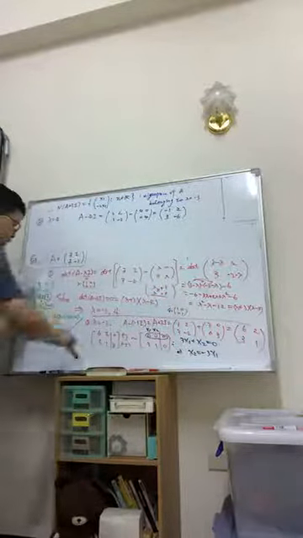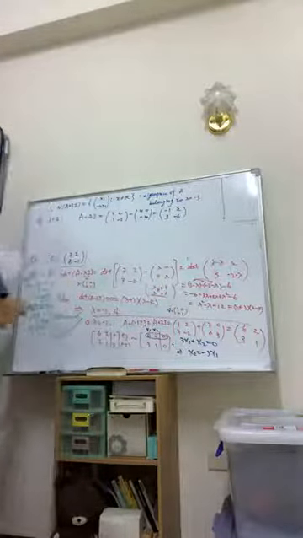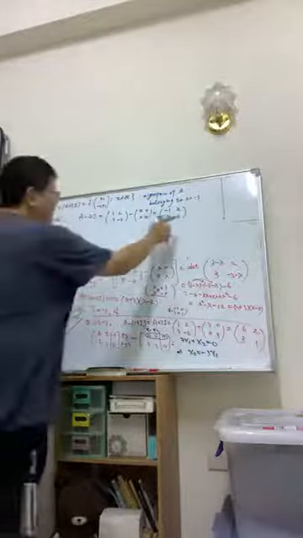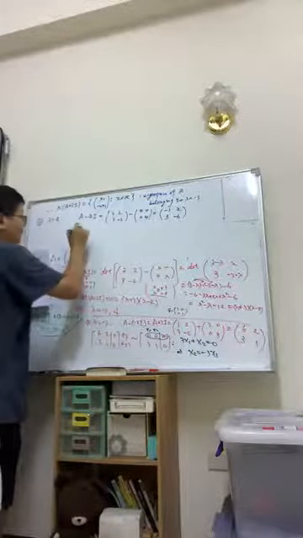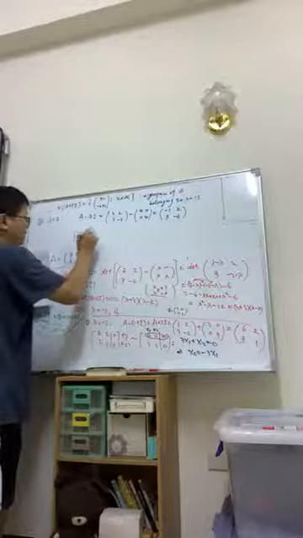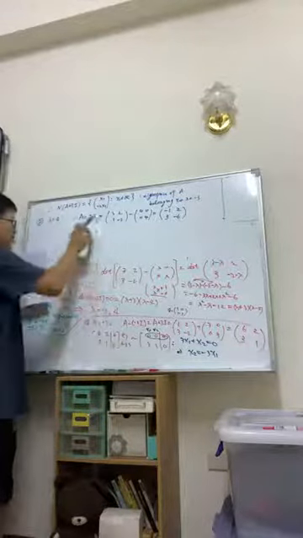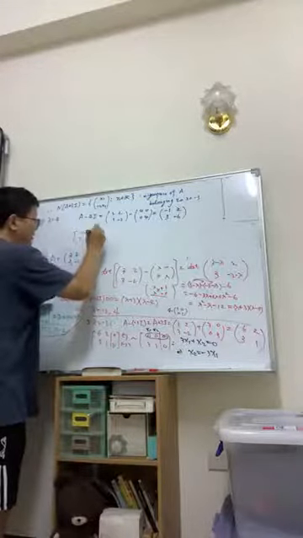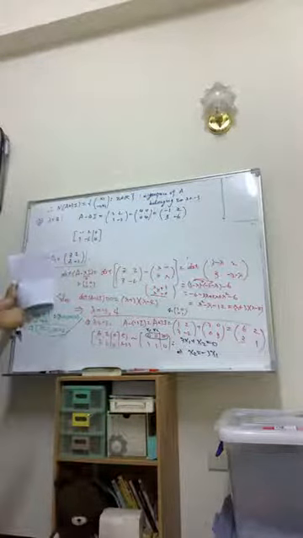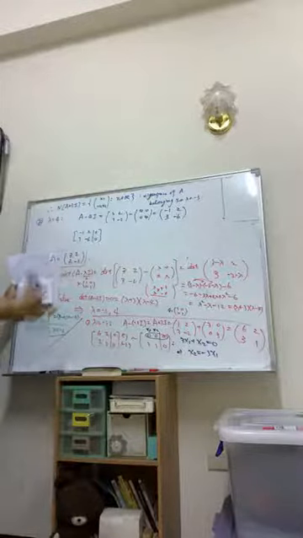Now, similarly, we want to find this matrix's null space. It means that we want to find the solution set of negative 1, 2, 3, negative 6, times x equal to 0, 0. It's the definition of null space.